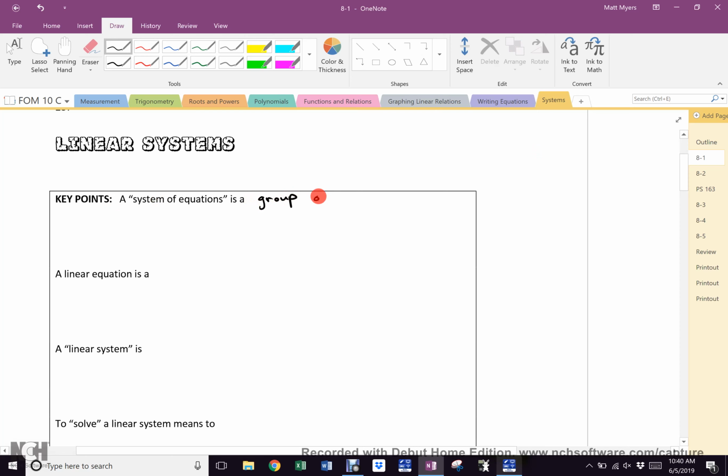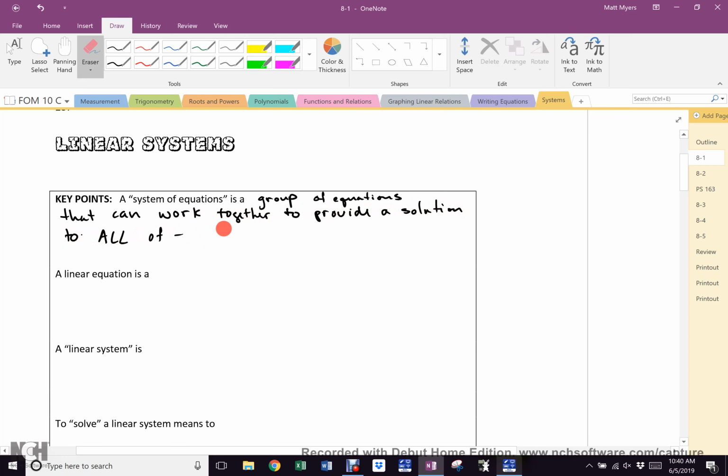Okay, a group of equations that can work together to provide a solution to all of those equations. Okay? That's what a system does.